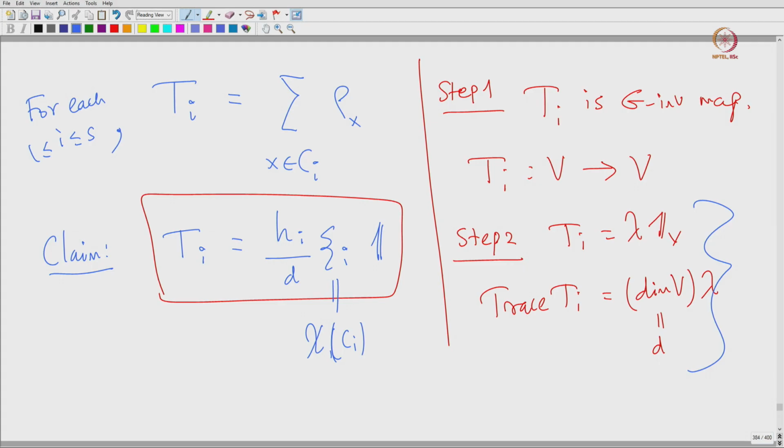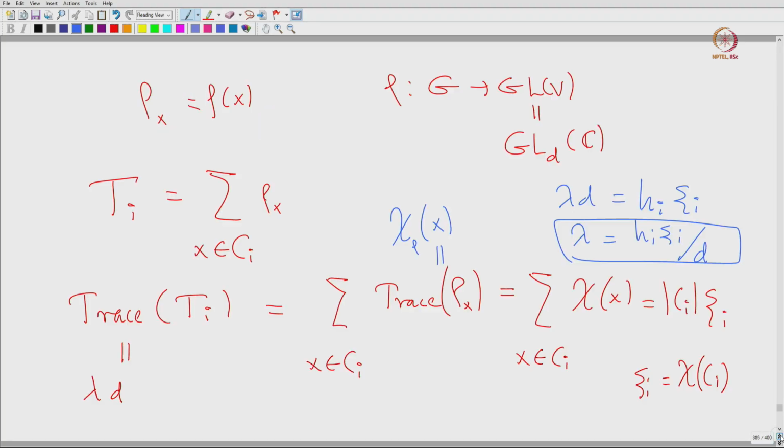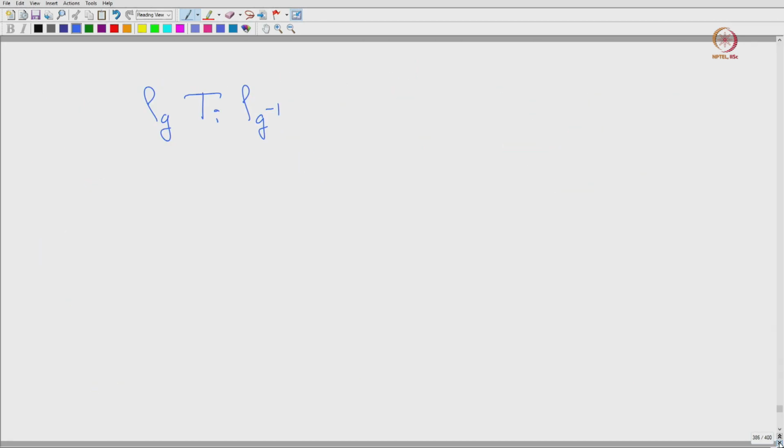So first we need to verify that Ti is a G invariant map. Let us verify that; it simply follows from the conjugation action on G, which leaves Ci invariant. So we need to verify that rho G Ti rho G inverse, but because I have fixed G, let us use something else.